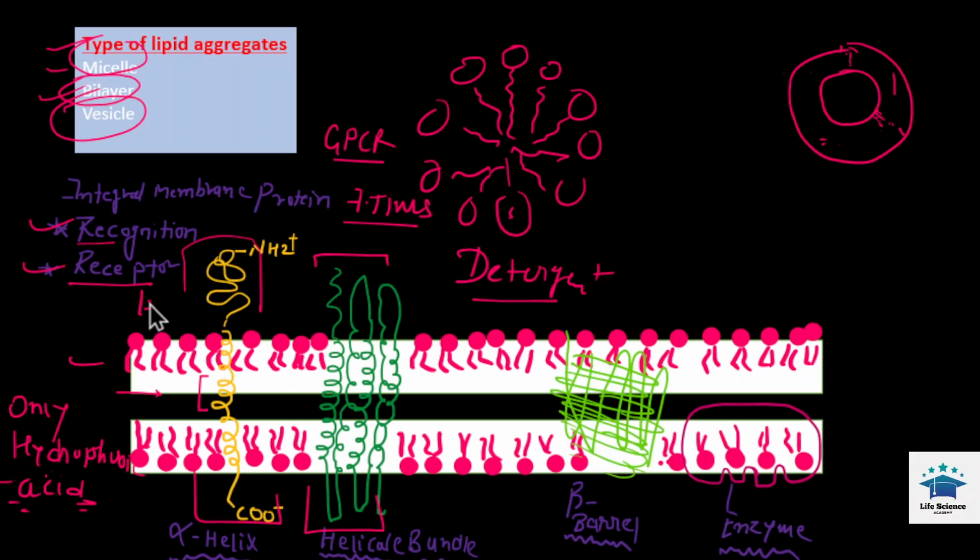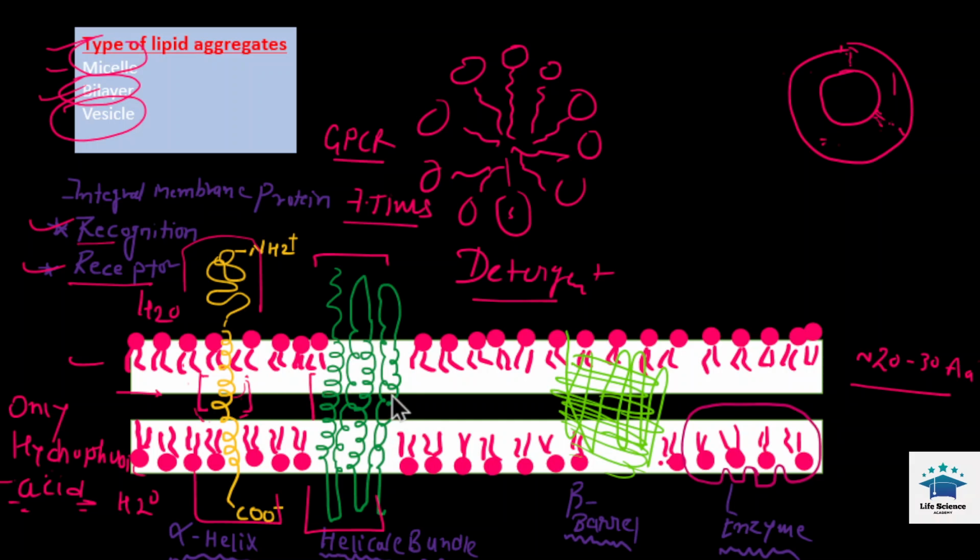So here there is the presence of water moiety and here also water moieties. In this region, no water molecule is present. So strictly, this region is only allowed for hydrophobic amino acids. Approximately 20 to 30 amino acids will span this region of the transmembrane protein.